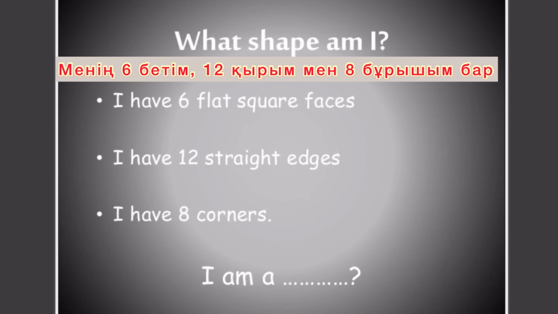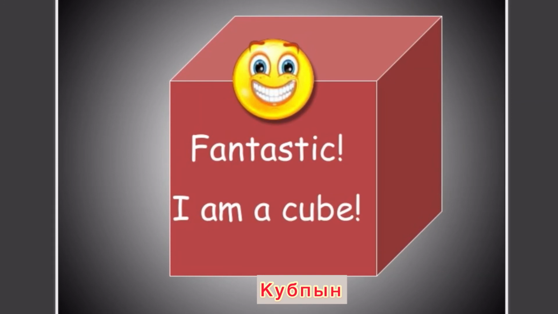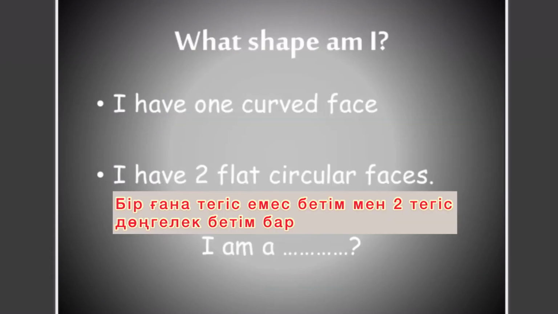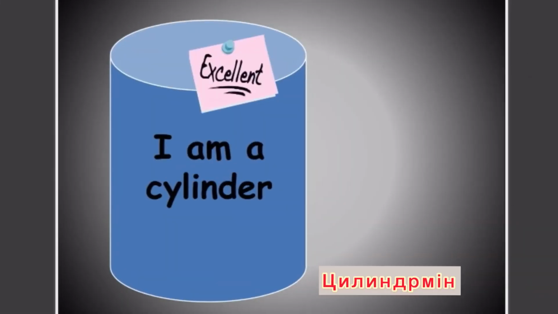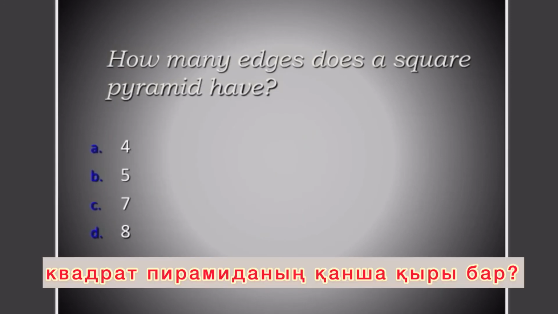What is it? I am a cube. Think about this one. I have 1 curved face. I have 2 flat circular faces. That is a cylinder. How many edges does a square pyramid have?